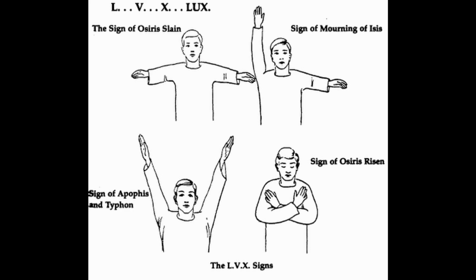Step 4. Raise the arms to a position over your head so that they form an angle of about 60 degrees. This makes the letter V. The palms should be facing each other. Tilt your head back and look up. Say meaningfully, V, the sign of Typhon and Apophis.